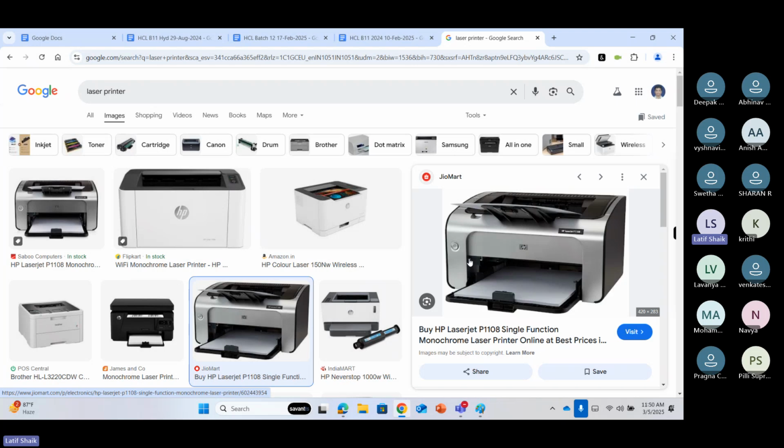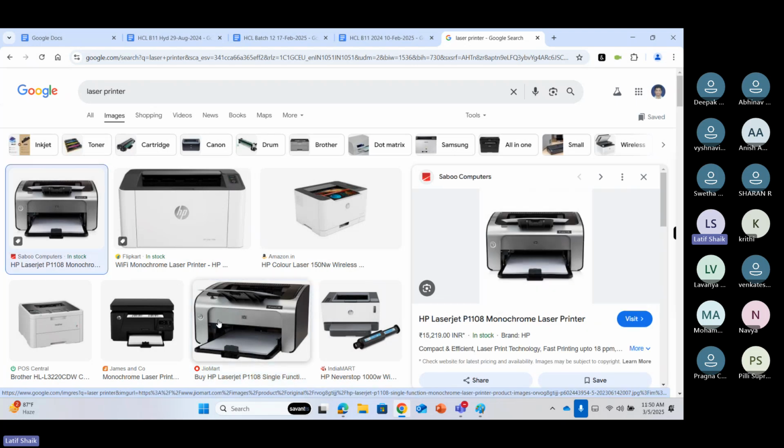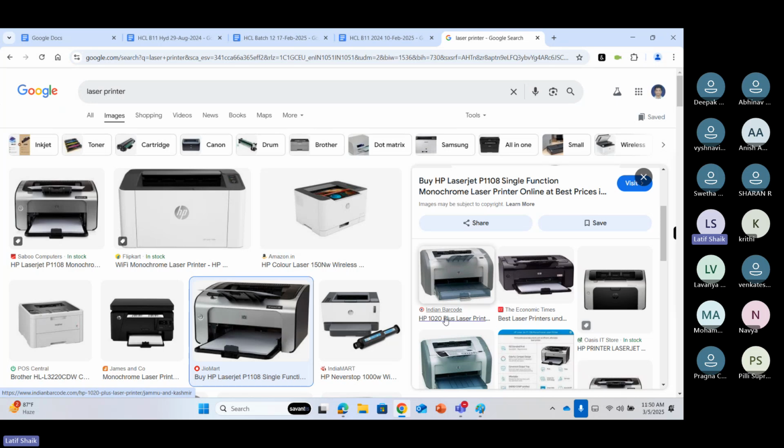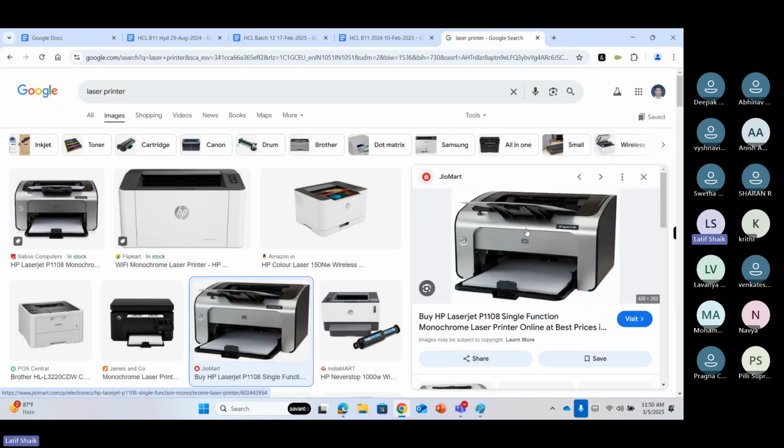This is a single function monochrome laser printer. Single function means there is no scanning function. But the cost is higher. A normal single function printer itself costs around 11,000 to 13,000, maybe about 10,000, and 8,000 rupees also.